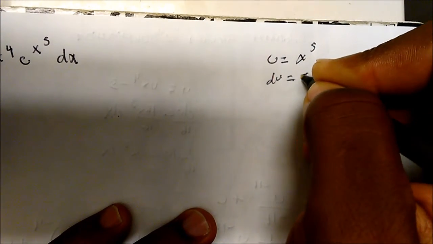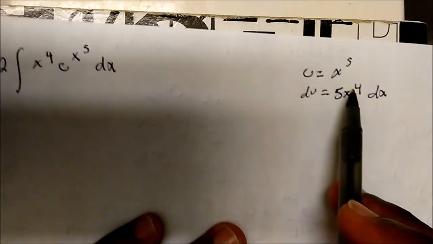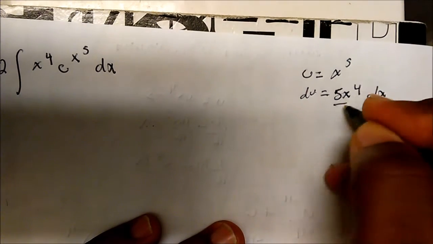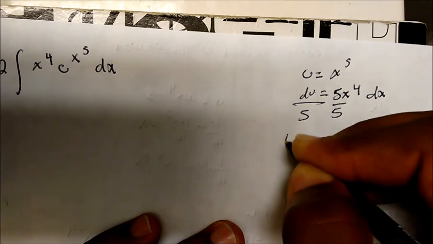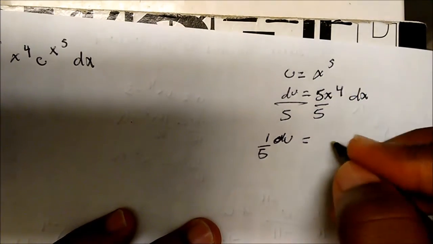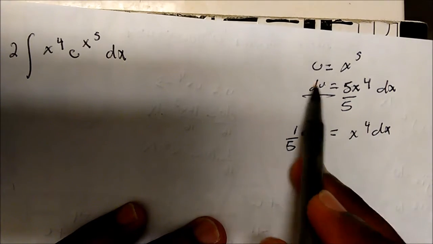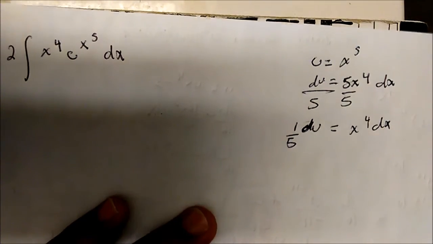Du of that is just 5 x to the 4th dx, right? We have a 5x to the 4th and we have a 1x to the 4th. We could fix a 5 by dividing on both sides, right? So 1/5 du is equal to x to the 4th dx. And all I did was just factor out this 1/5 from the du and multiply it. It's the same thing.